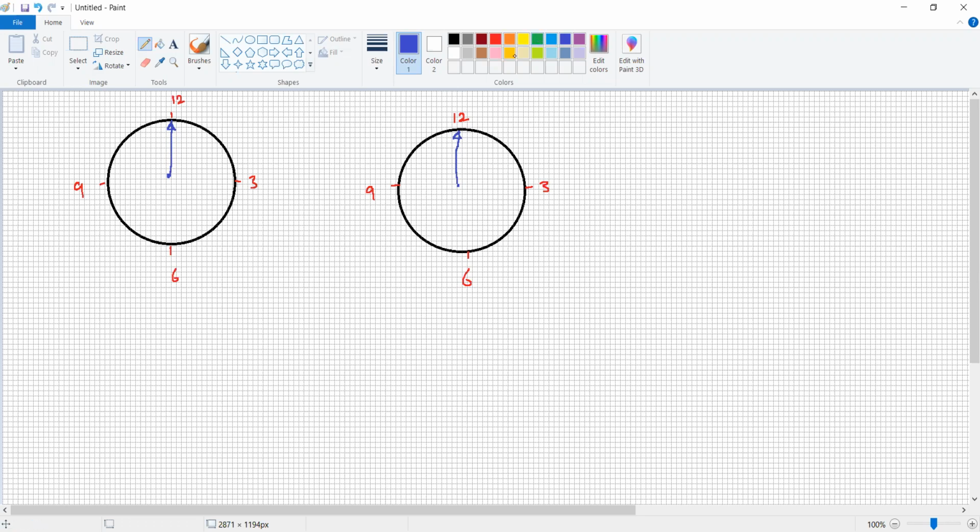Okay. Now, if it is secondary winding and primary winding, there is no phase difference. There is no phase difference. So it is represented as 12 o'clock, isn't it? It is as a 0 degree.